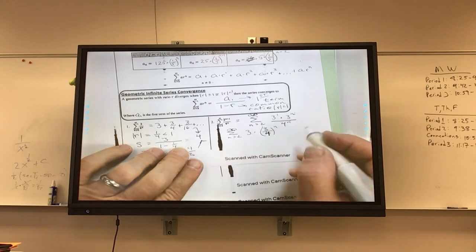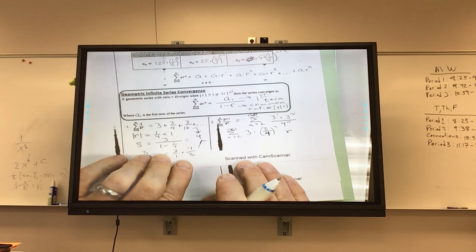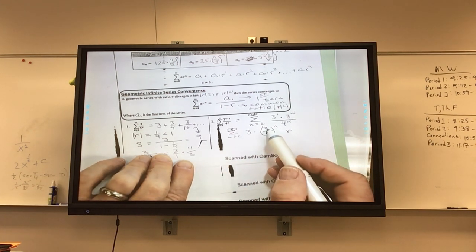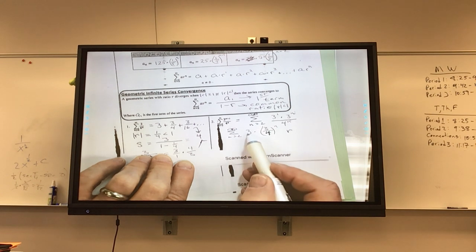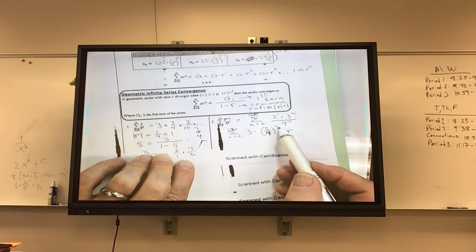Jenna, what's our common ratio? If we start with 2, this would be 9, this would be 16, because you have to start with 2. I'd multiply that by 3, I'd get 27 over 16. And then, when this becomes 3, I would take 27 over 16 and multiply it by what?